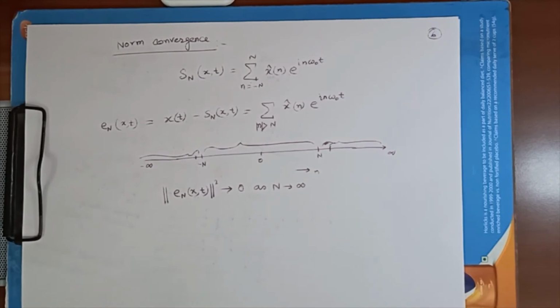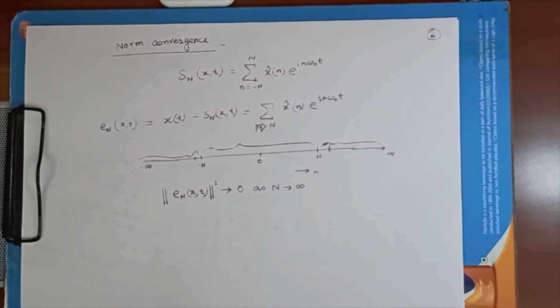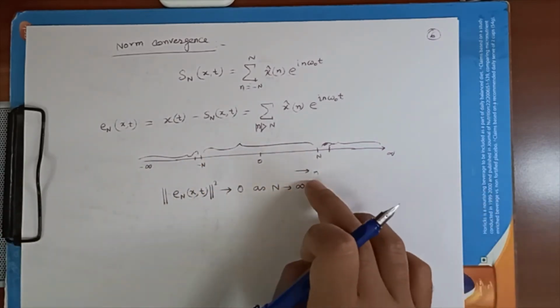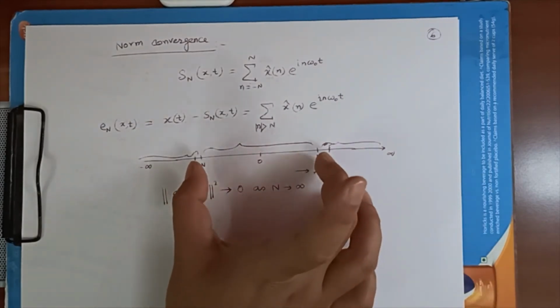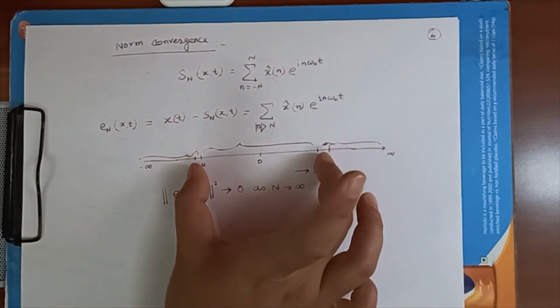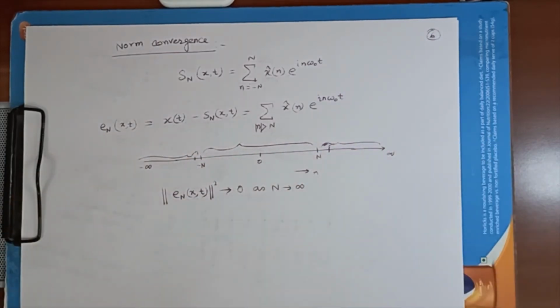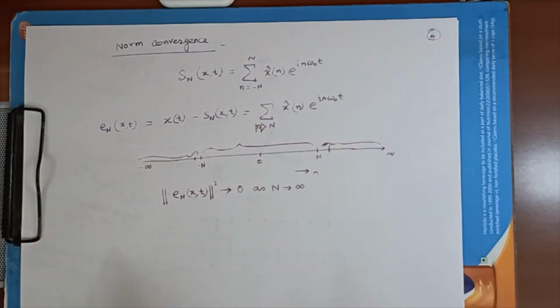So it basically says that for sufficiently large N, the energy in this frequency line, this n omega 0 line, is contained mostly within this finite interval, and the tail energies are arbitrarily small. As we increase capital N, the tail energies are arbitrarily small.